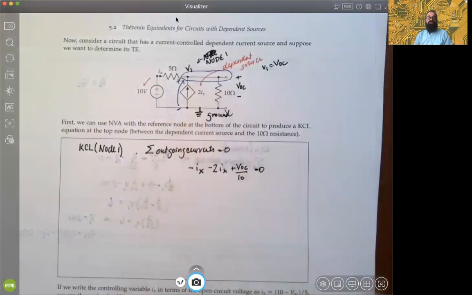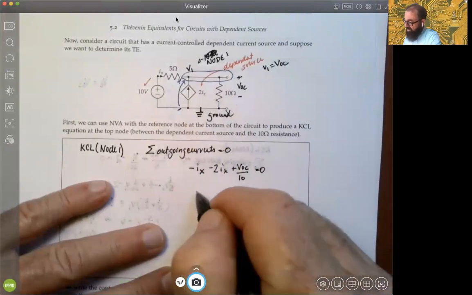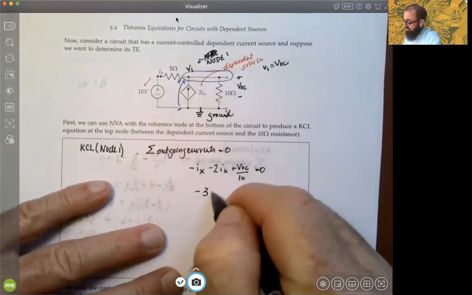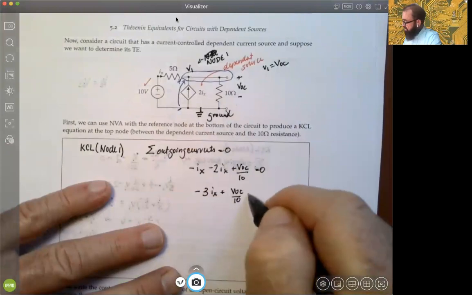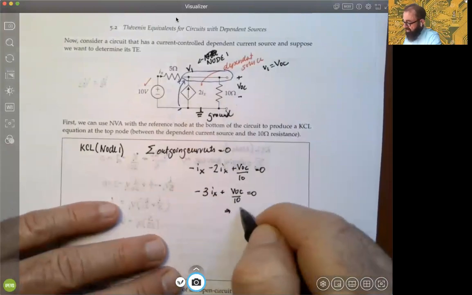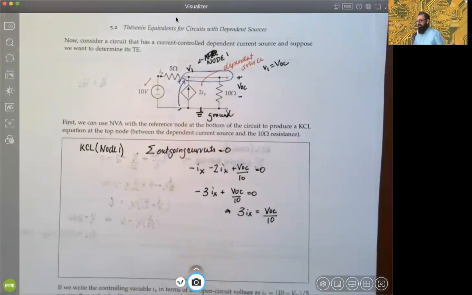Well, that's the voltage at V1, okay? All right, so if we solve this out very carefully, minus 3IX plus VOC over 10 equals 0. Doesn't take long to say, well, 3 times IX is really just VOC divided by 10. And we're going to use that relationship in a second, okay?